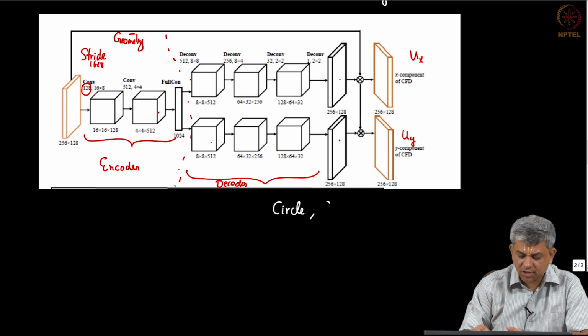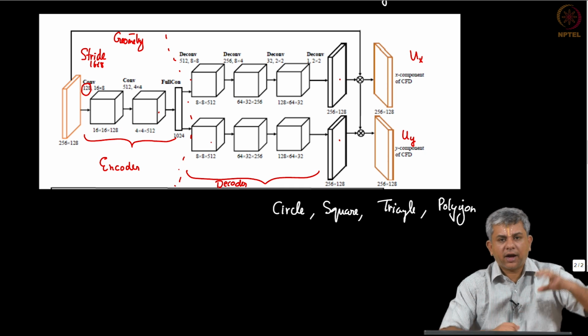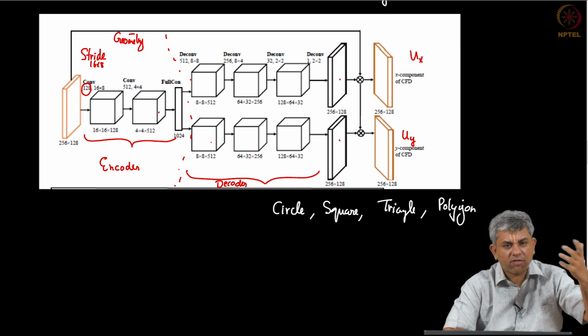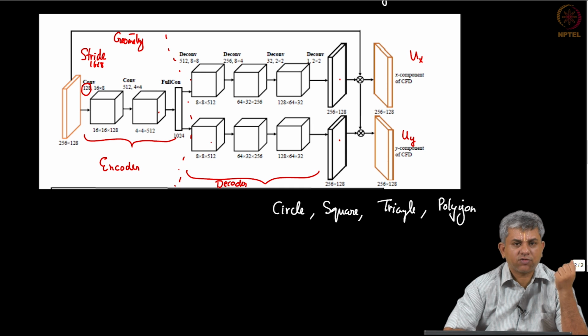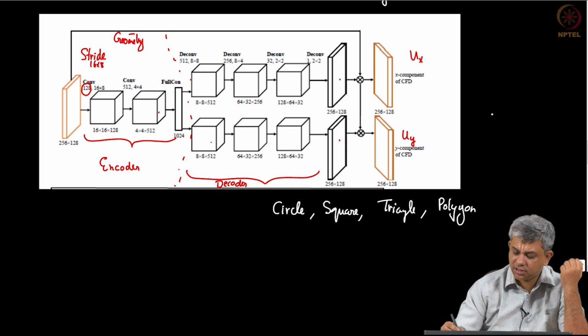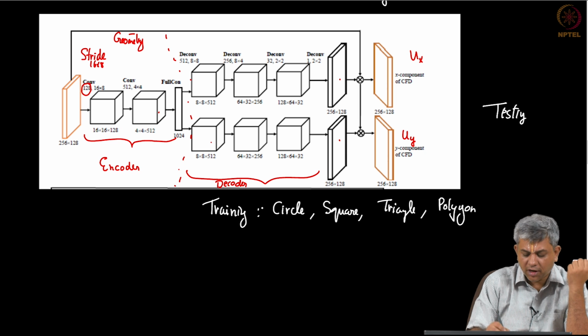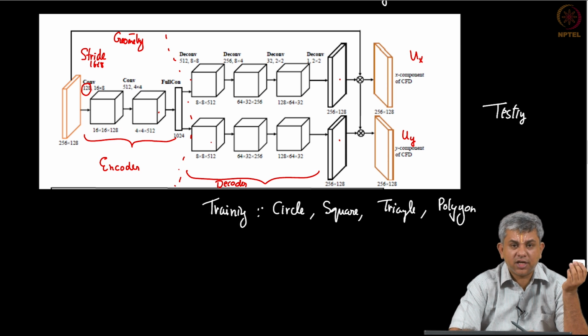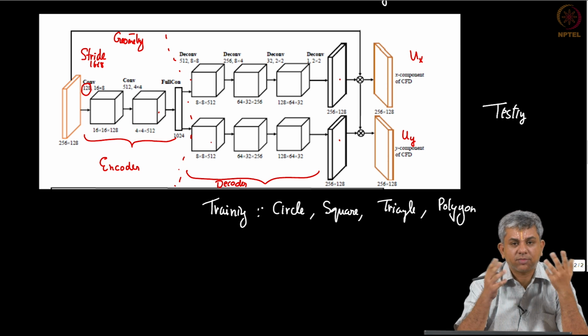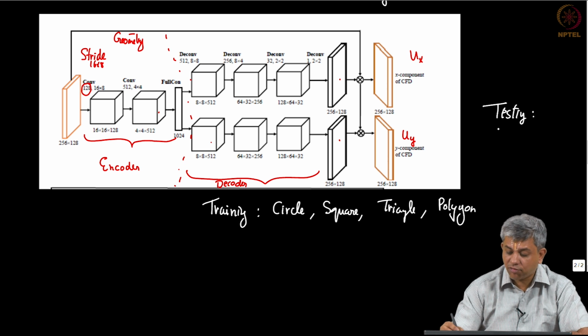They used circles, square, triangle, etc., some polygonal shapes, okay, and oriented them at different angles and found various flow fields, and they actually gave far more complex shapes for testing. So, this is for training, and what is remarkable is, unlike our usual CNN examples where training and testing actually in some sense look similar, they tested on far more complex shapes.